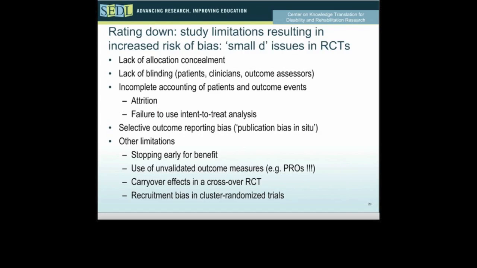Okay, so when are we allowed to rate down? Well, I started by showing you that you start your evidence off either at the highest level if you have an RCT, or at the 3rd level if you have an observational study. Now, you can and maybe should rate down when what I have called you have small d issues. There was no allocation concealment, there was no blinding.